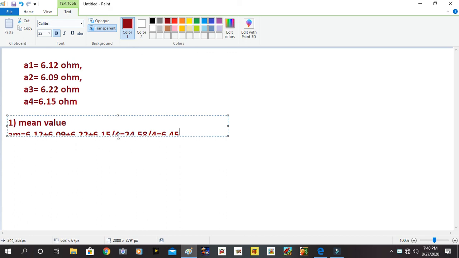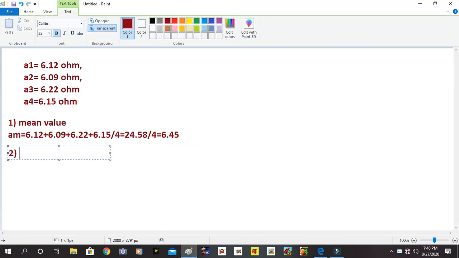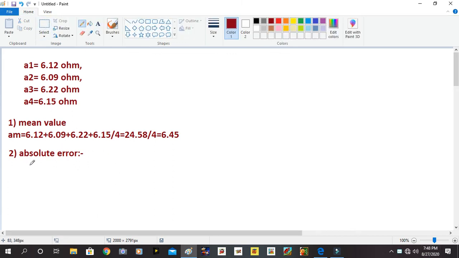The next value that we will consider as the second term is the absolute error, and then we will find the mean absolute error. So first, absolute error. To find the absolute error, I will write now. Delta A1 is equal to the modulus of AM minus A1.